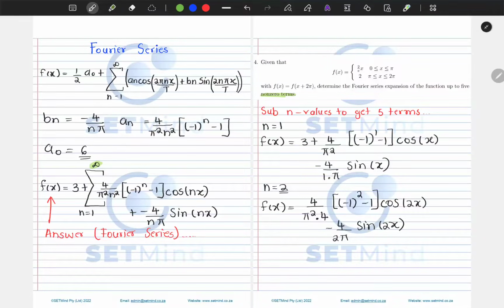So now let's go and have a look at the third term. So we need 4 non-zero terms, or 5. So let's go and have a look at n is 3.